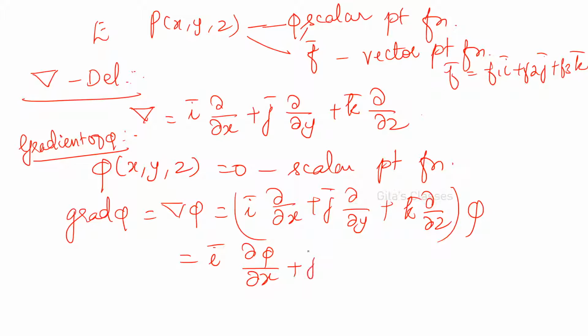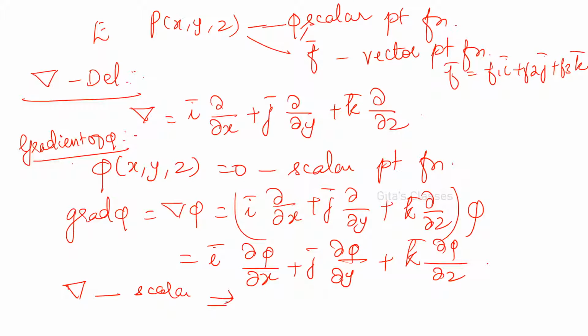Okay, so j into dou phi by dou y plus k into dou phi by dou z. Okay, this is our gradient. So we have applied del to a scalar point function, and the resultant is a vector point function.